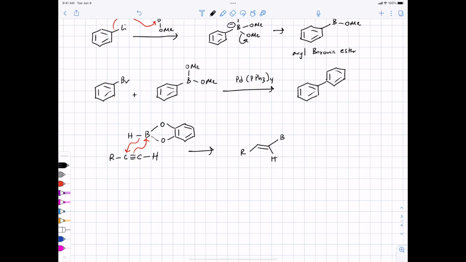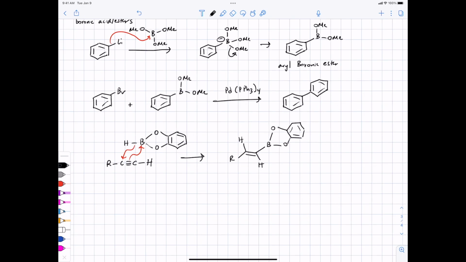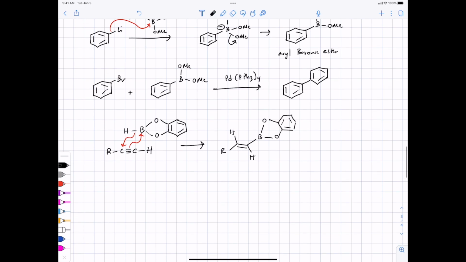Syn addition of boron and hydrogen across the pi bond of the alkyne. And this can then be another reagent for the Suzuki reaction. This is also an example of a vinyl boronic ester.